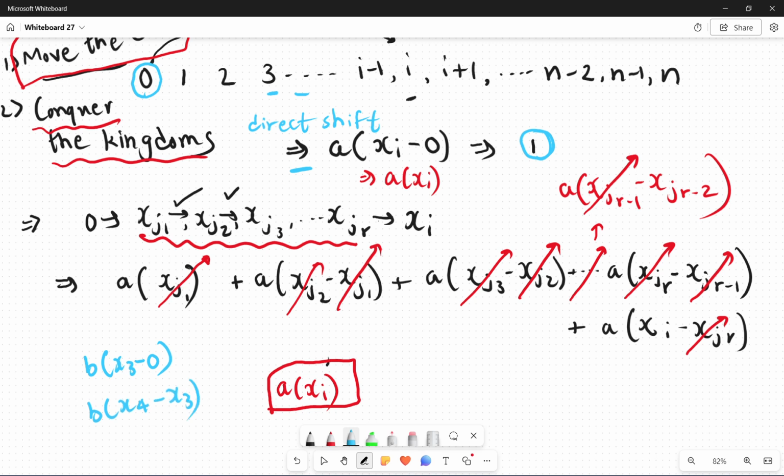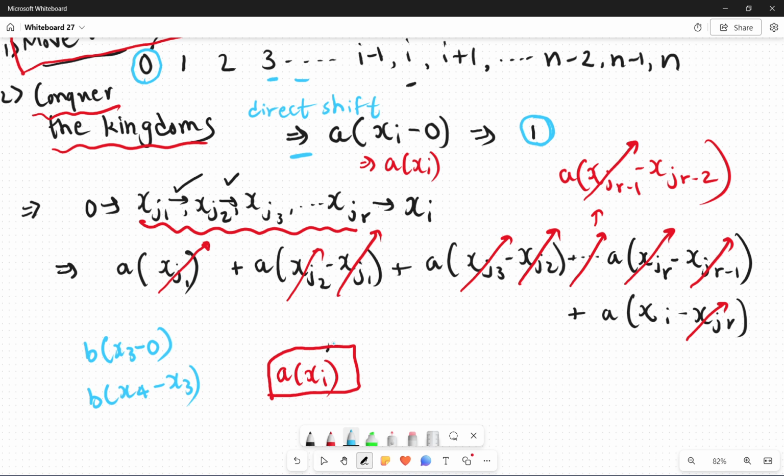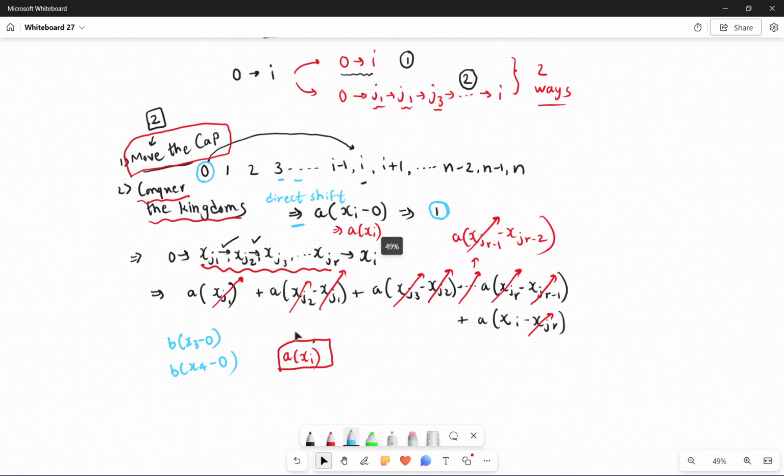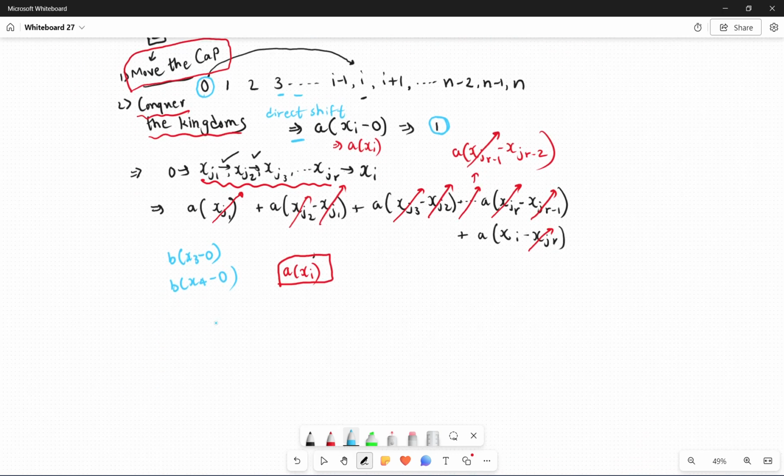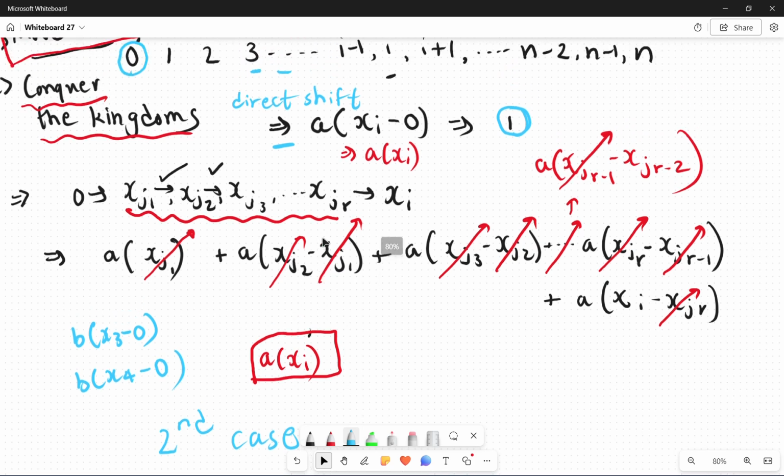Okay, not x3, sorry for that, you will require b into x4 minus 0. So what about the second case? Okay, let's look at the second case. Is this too small?